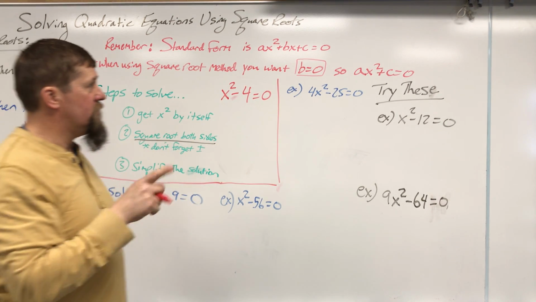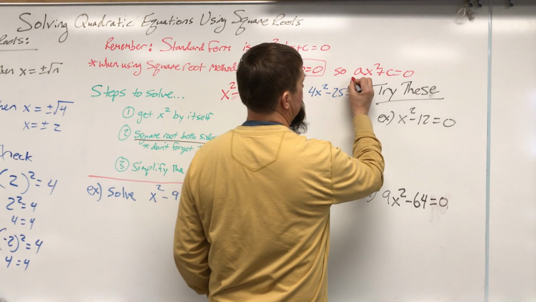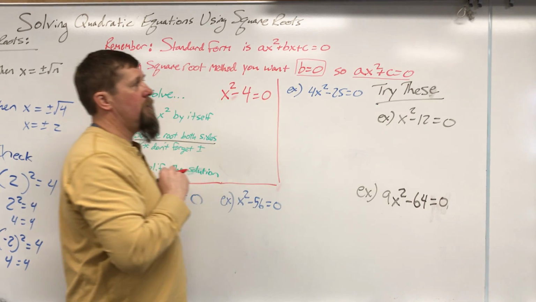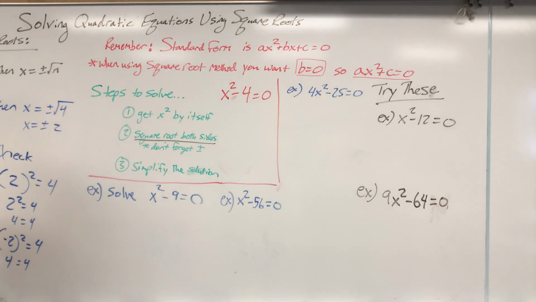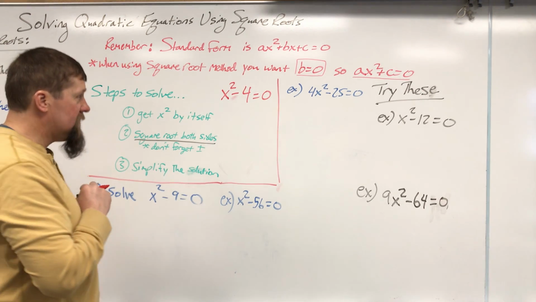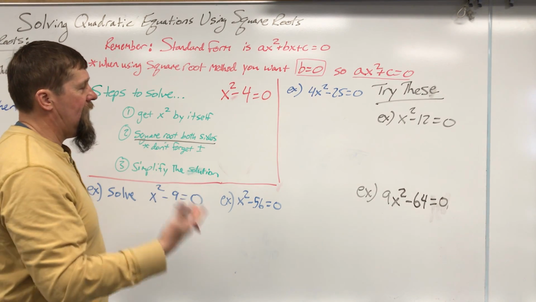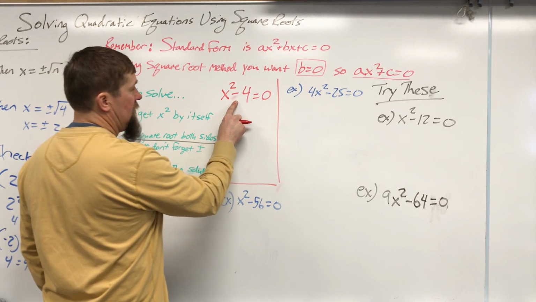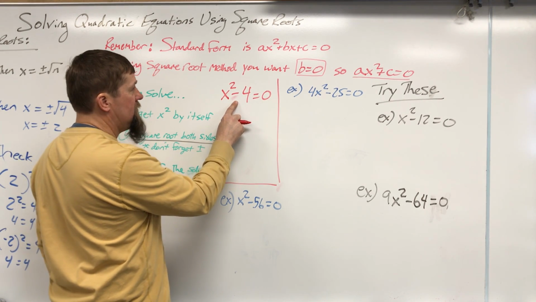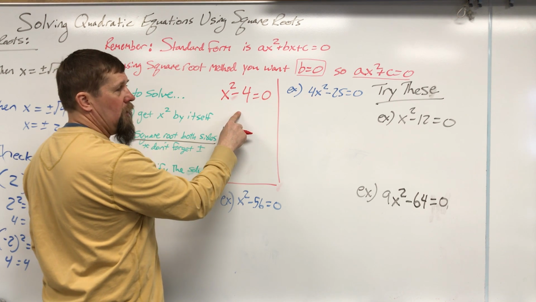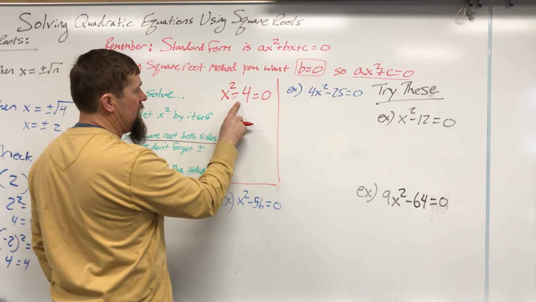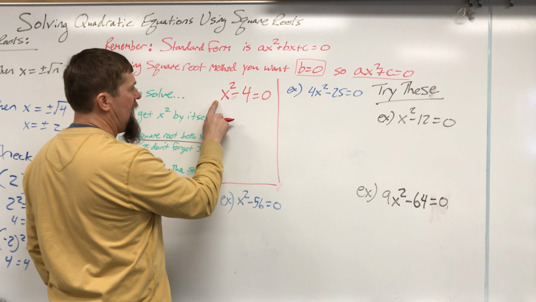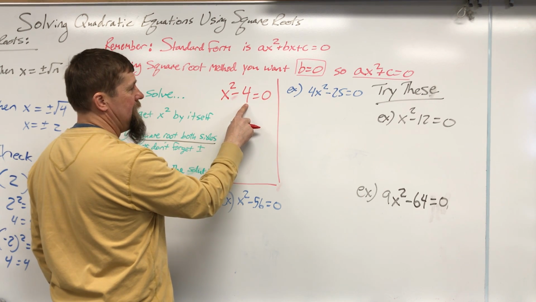So your standard form in this case is just ax squared plus c equals 0. In other words, you do not have an x term. You do not have a middle term, such as x squared minus 4 equals 0. Therefore, you do not have a bx in the middle, just an ax squared plus c.